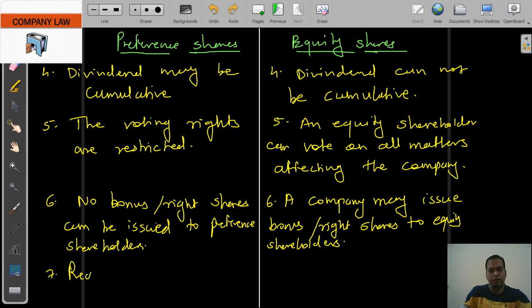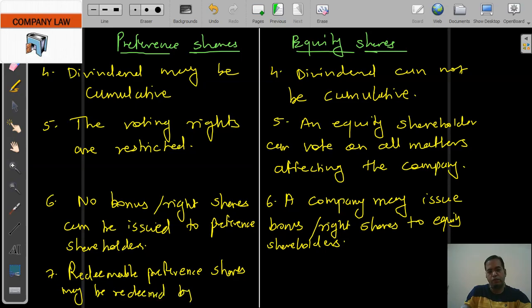We can say redeemable preference shares may be redeemed by the company.